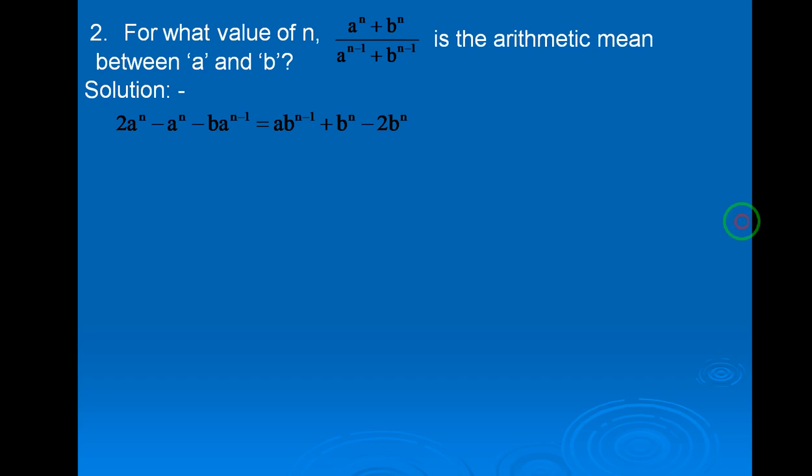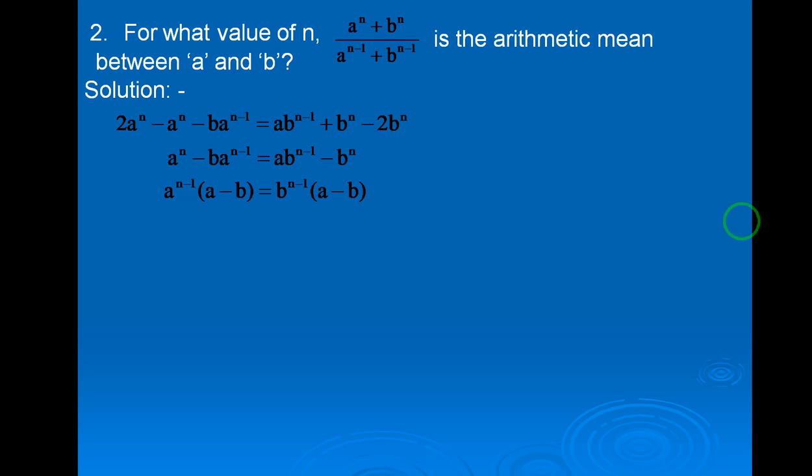Now solving this we get a^n - b a^(n-1) = a b^(n-1) - b^n. Now in the left hand side a^(n-1) is common, and in the right hand side b^(n-1) is common.